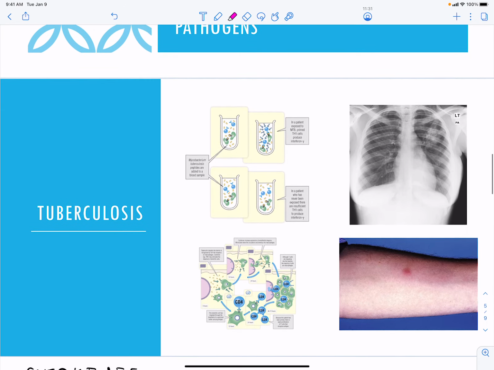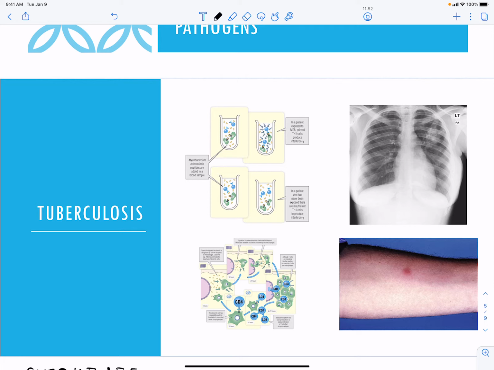All right, so let's talk a little bit about tuberculosis. Tuberculosis is a pathogen that creates a chronic infection. And so in the United States, we are very big about testing for the presence of tuberculosis to prevent spread.